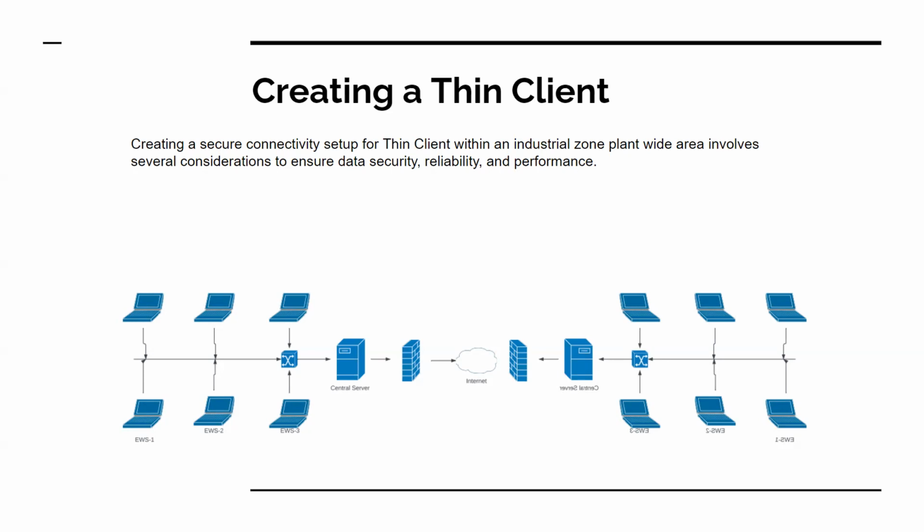This can include redundant network links, backup servers, and failover configurations to maintain connectivity in the event of hardware or network failures. By implementing these measures, you can create a secure connectivity setup for the thin client devices within the plant-wide area of the industrial zone, protecting sensitive data and ensuring reliable operation.